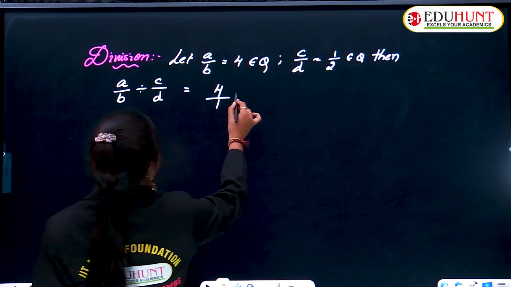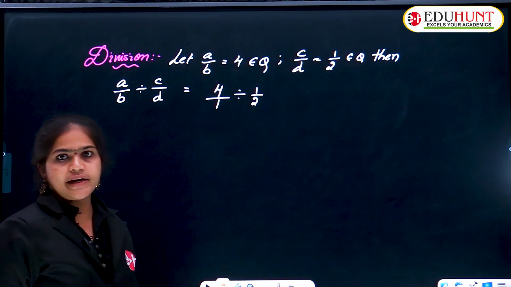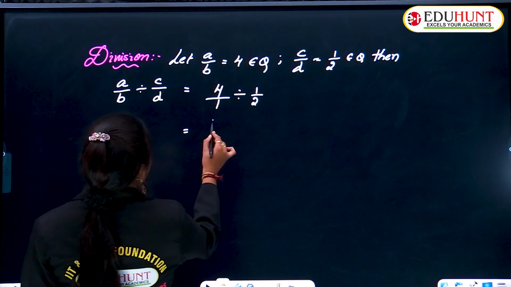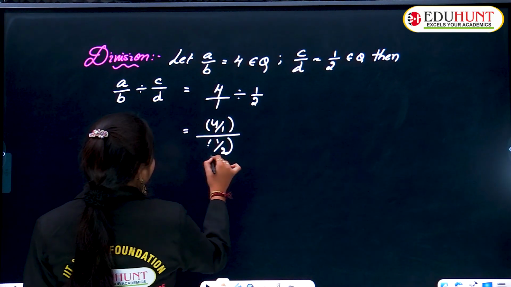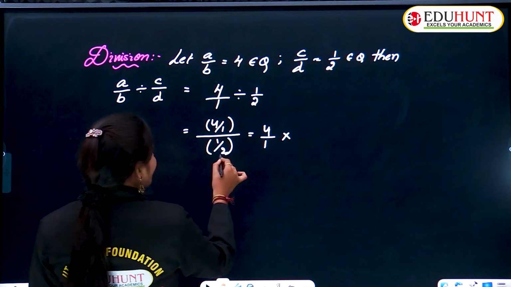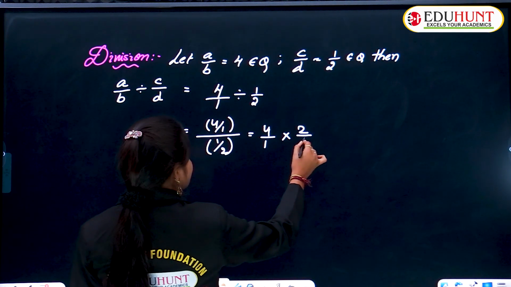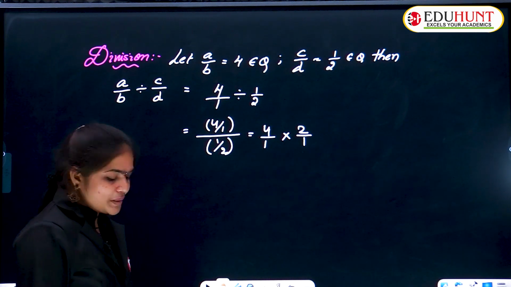Okay. Divided by c by d equal to 1 by 2. Understood, ma? Now here 4 by 1 divided by 1 by 2 equals 4 by 1 into 2 by 1. It's a reciprocal only, no? Okay. Now that one becomes multiplication.